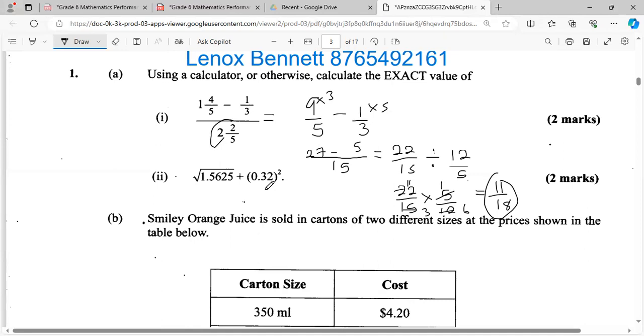Alright, let's go. So I'm going to use my calculator. The square root of 1.5625 works out to 1.25. Let's square this now. That means 0.32 times 0.32. But let the calculator do the work for you guys, alright? Which gives me 0.1024.